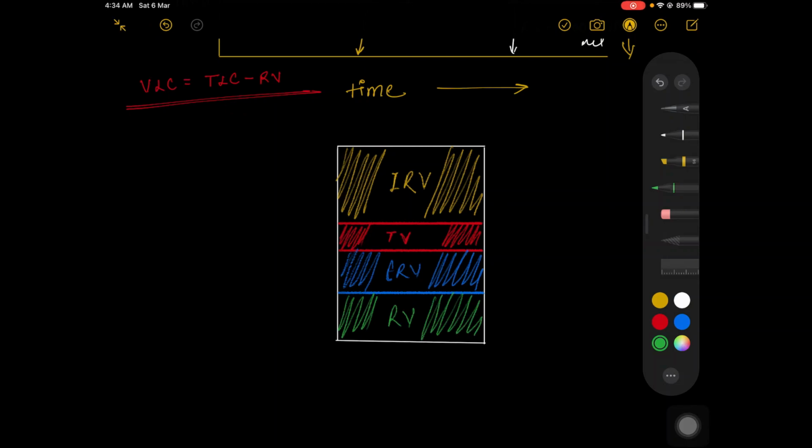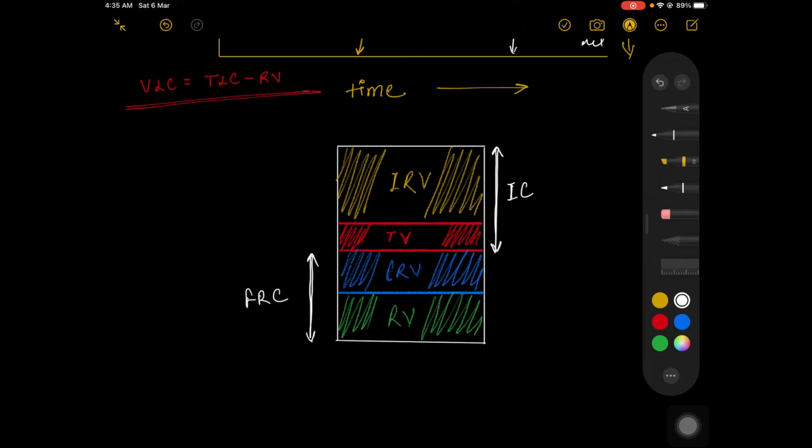Now if I add up the inspiratory reserve volume and the tidal volume, I get the inspiratory capacity. If I add up the expiratory reserve volume and the residual volume, I get the functional residual capacity.